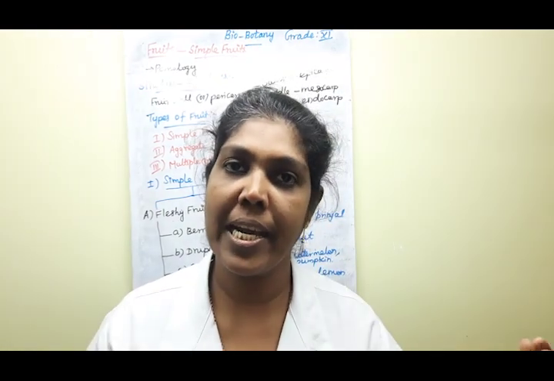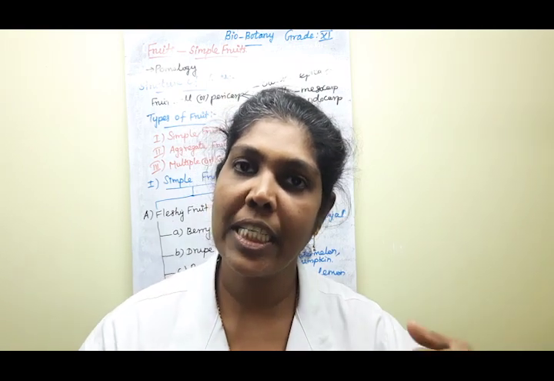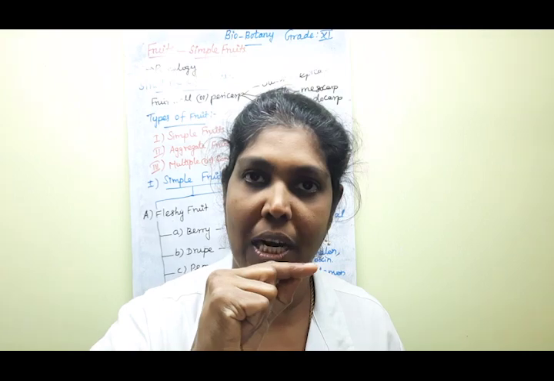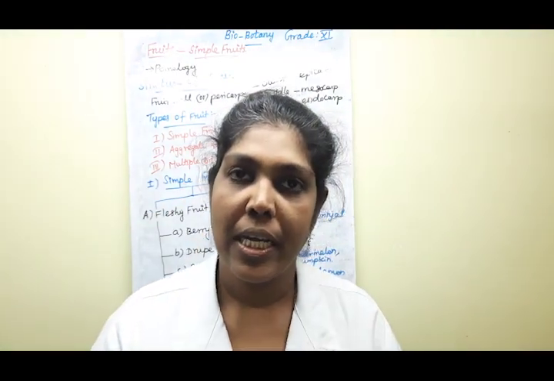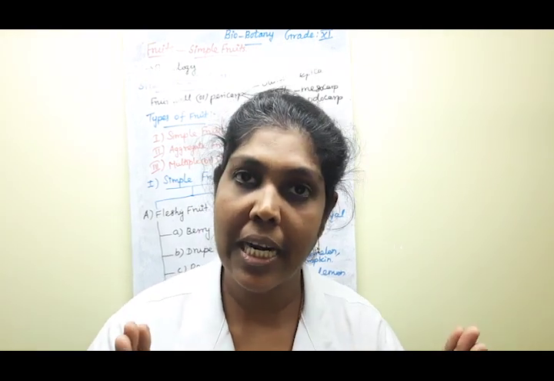Clear? Then the anterior side is opposite to that, where the bract is present. That facing side of the flower is known as the anterior side. Clear, children?